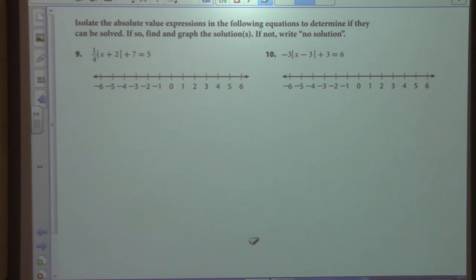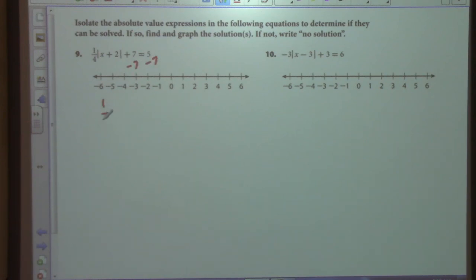This one here: isolate the absolute value expression to determine if they can be solved. If so, find and graph the solution. If not, write no solution. And so for this one here, if we subtract 7, what do we get?